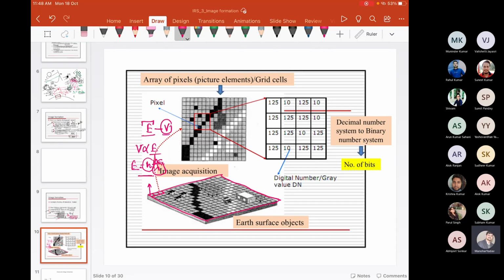Then what happens? Corresponding to the magnitude of the voltage signal V, let's say this cell has a voltage V1. There is an analog to digital conversion, and corresponding to this V1, an equivalent digital number is generated.